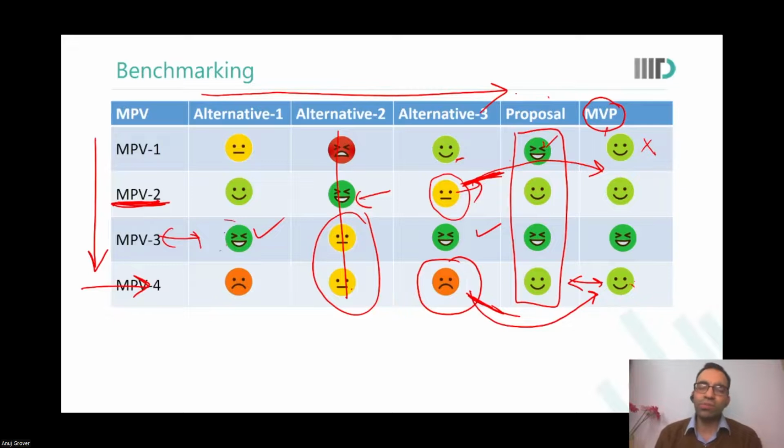Okay, so you may not want to call it MPV, you may want to call it PV also, that is also fine, no problems. But is the concept of benchmarking clear? How do you do the benchmarking? I still put it in MPV because this is something that the customer definitely needs.